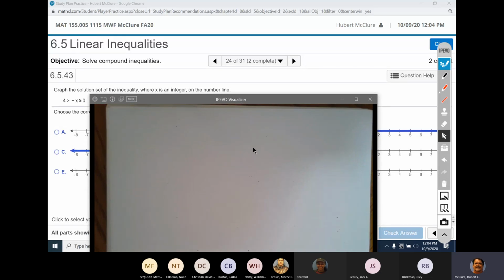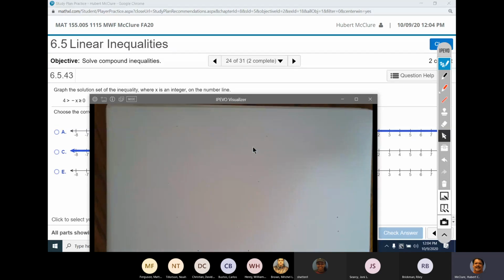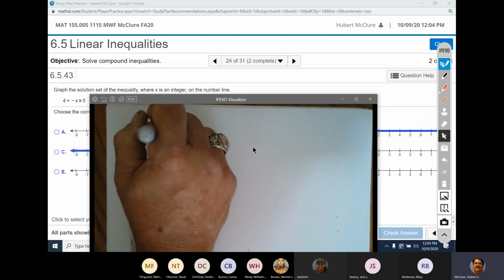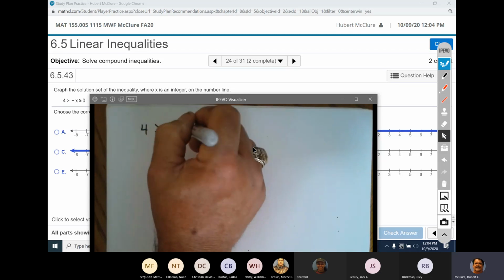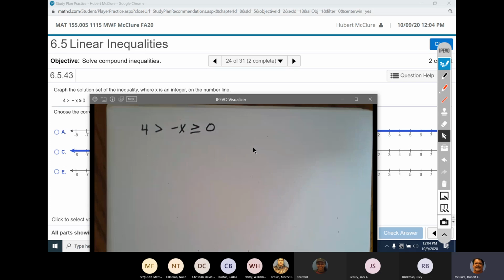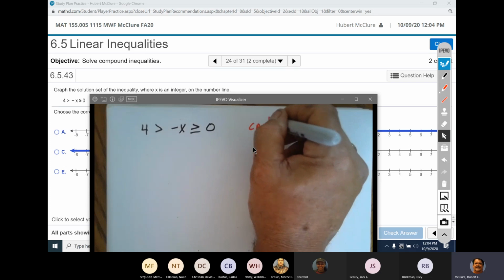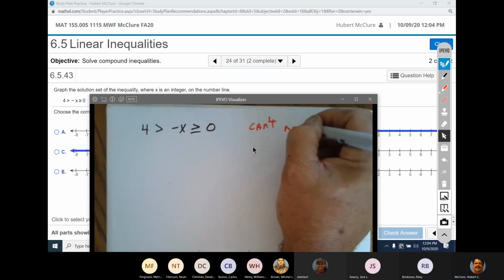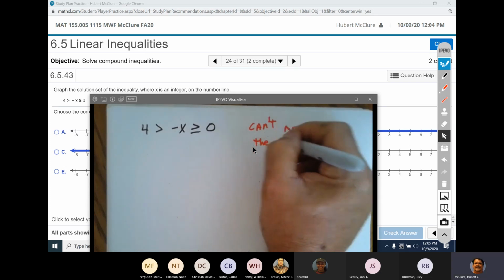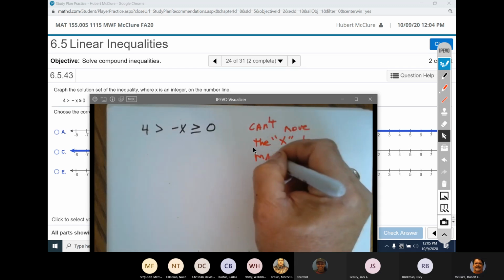Okay, so in this case we've got 4 is greater than negative x greater than or equal to 0. See, in this case I cannot move the X to make it positive.